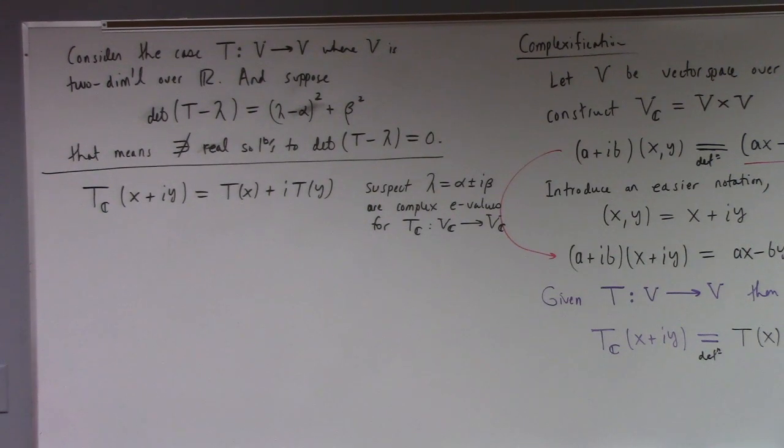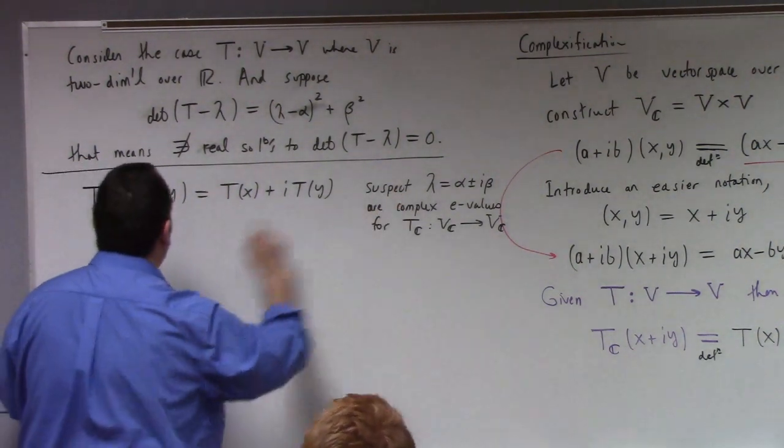Maybe I've started us out on the wrong foot. Maybe I should ask a slightly different question. Suppose the complexification of a given transformation has complex eigenvalue alpha plus or minus i beta, all right? Then what does that say for the underlying real transformation? We can look at that. So if this is true, what does that mean about T sub c?